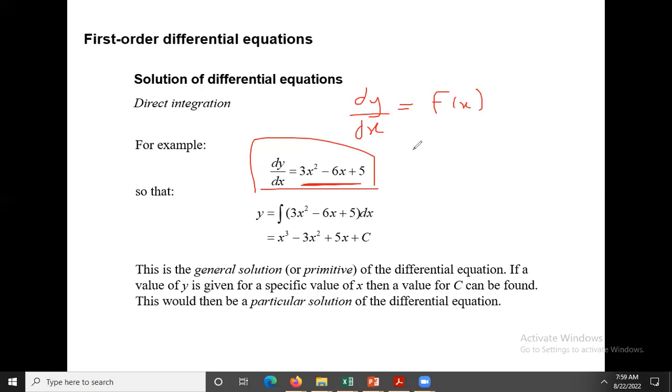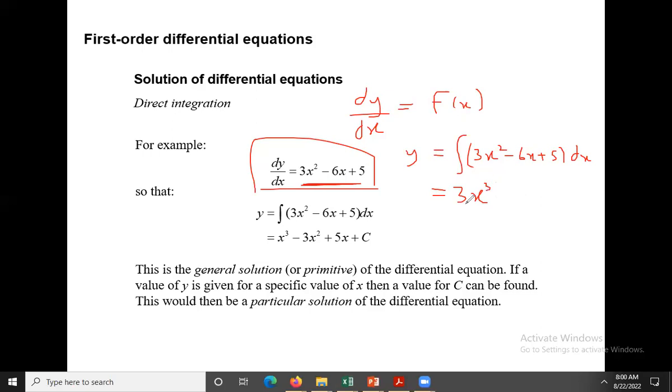So if that is the case, then we just apply the rule, which says that y should be equal to the integral of f of x. So that will be the integral of 3x squared minus 6x plus 5 dx. Once we integrate that, you're going to get 3x.